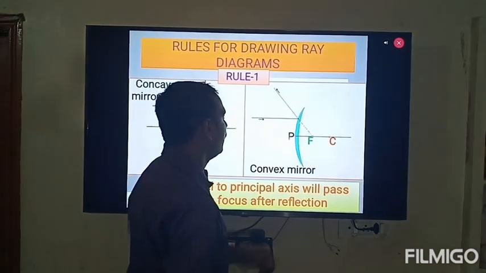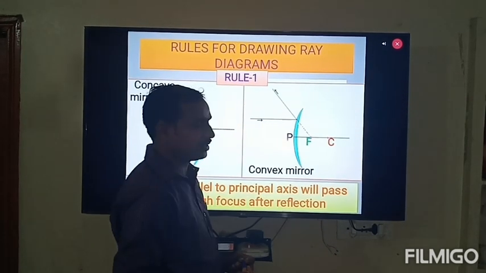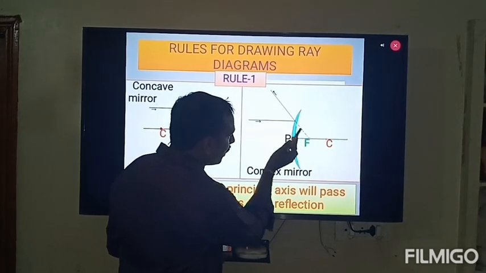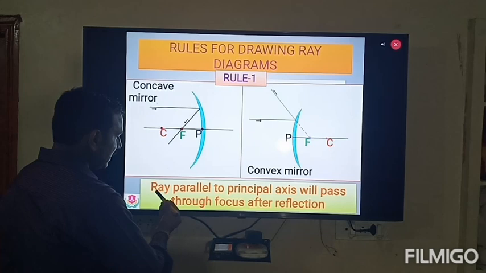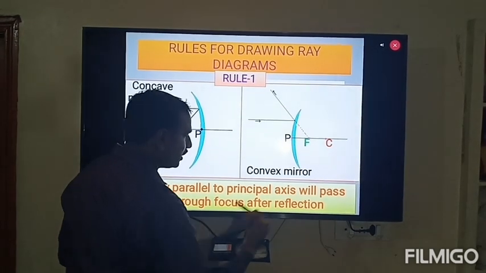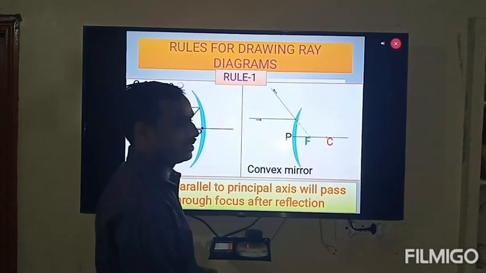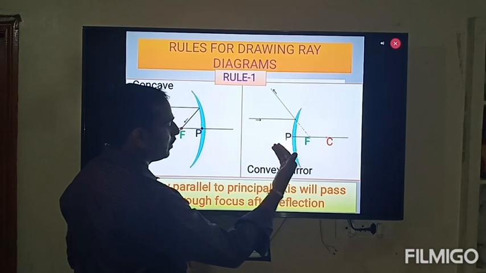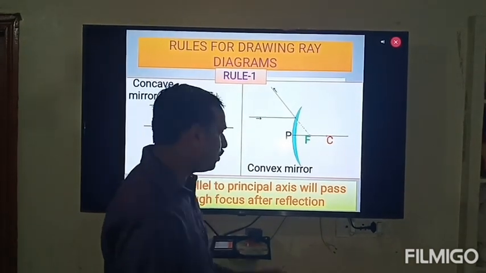In the case of convex mirror, the parallel ray falling upon the convex surface diverges and appears to be coming from the focal point. So easily we can say the rays which are parallel to the principal axis always pass through the focus after reflection in the concave mirror and appear to pass through the focus in the convex mirror.